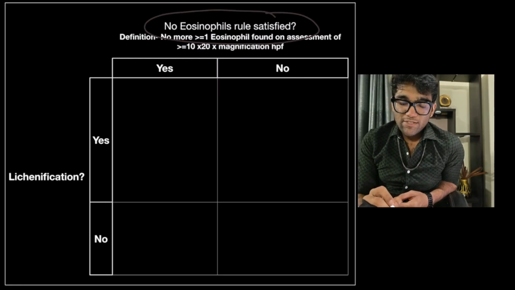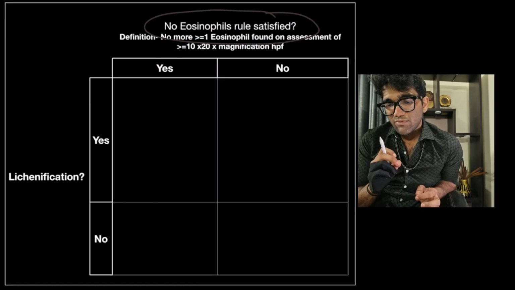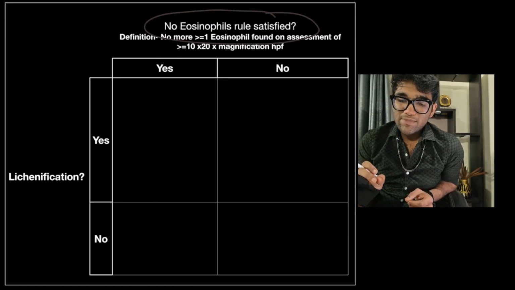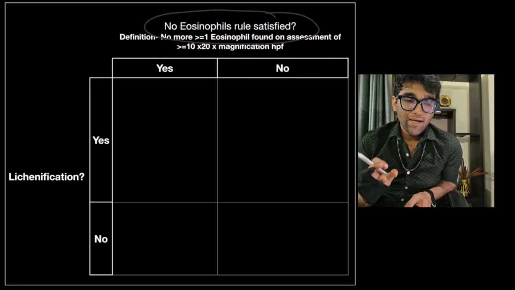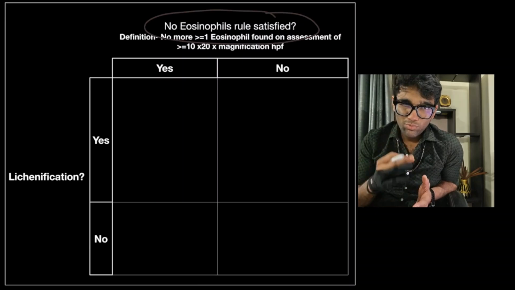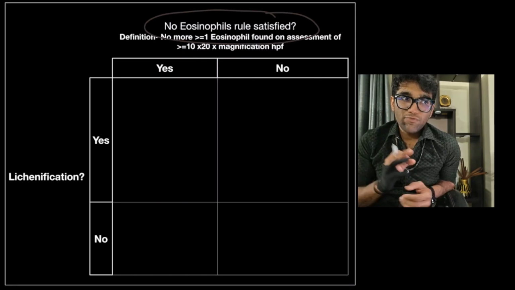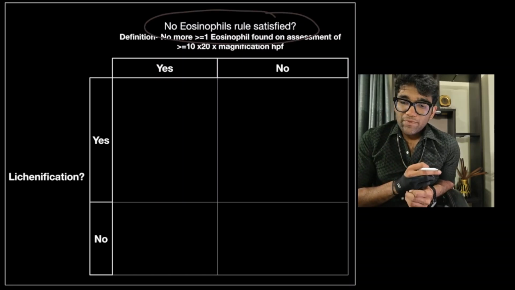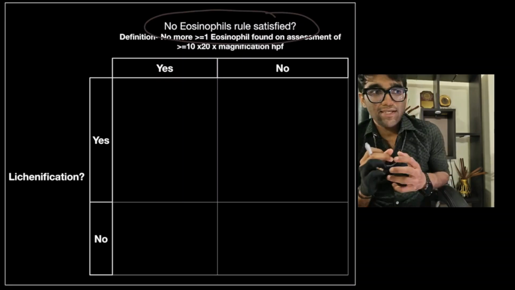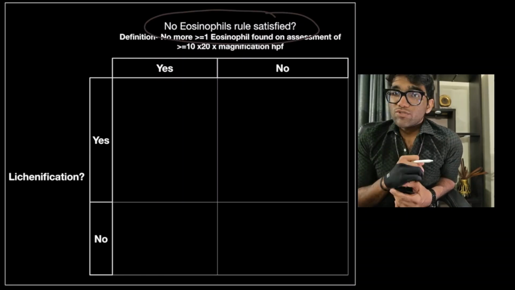The no eosinophil rule has been defined as there should be no more than one eosinophil found on assessment of at least 10 to 20 20x power fields. Okay, so the dermatopathologist has to do this, but for the purpose of understanding, we need to build our understanding from the level of dermatopathology. So this is the no eosinophils rule.